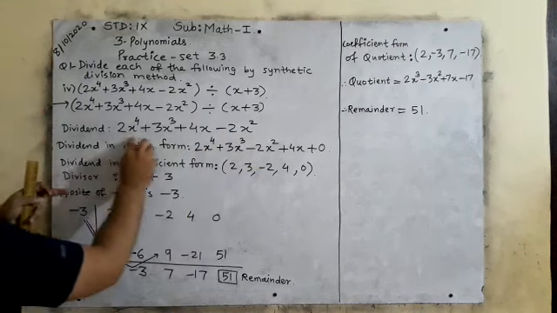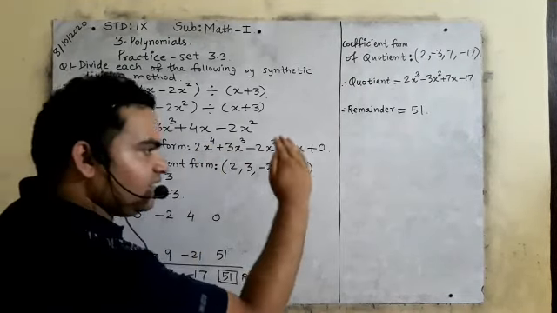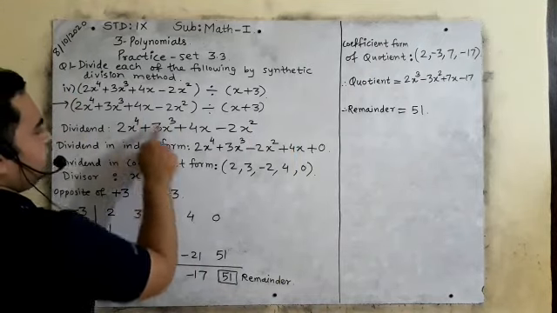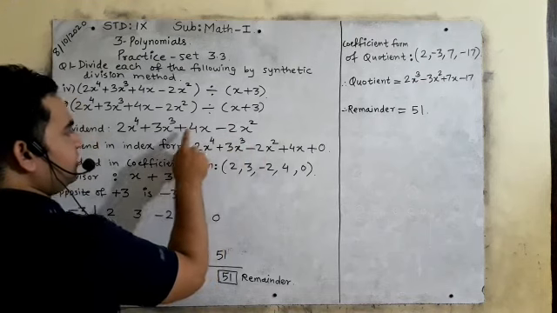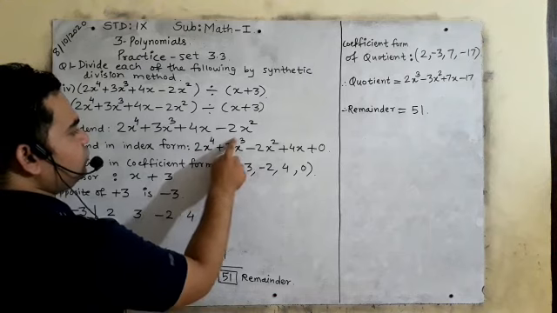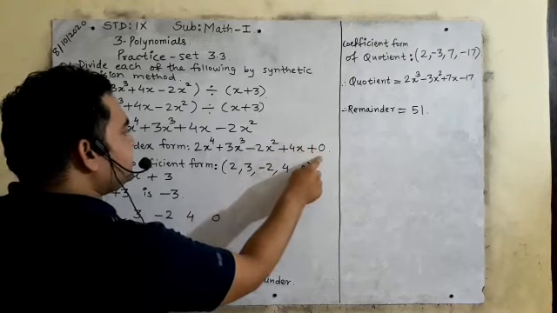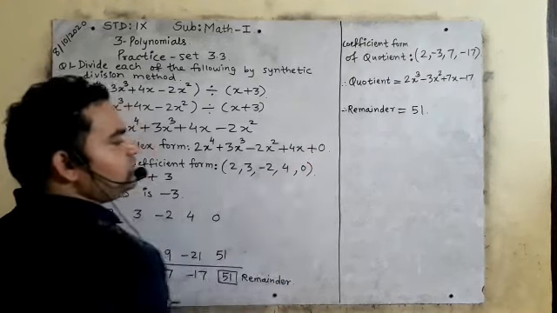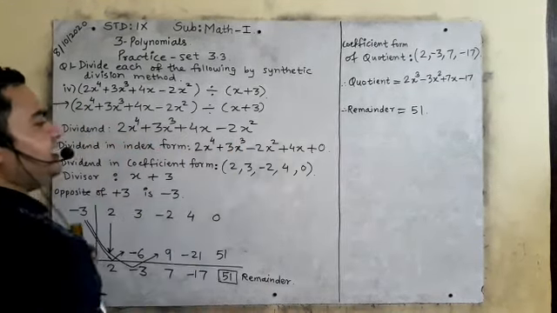It means we will write this dividend in the index form properly according to their index in the descending order. 2x raised to 4 plus 3x raised to cube minus 2x raised to square plus 4x raised to 1. It means x raised to 0 is absent. So we will write plus 0. Then we have arranged this given polynomial in the index form.